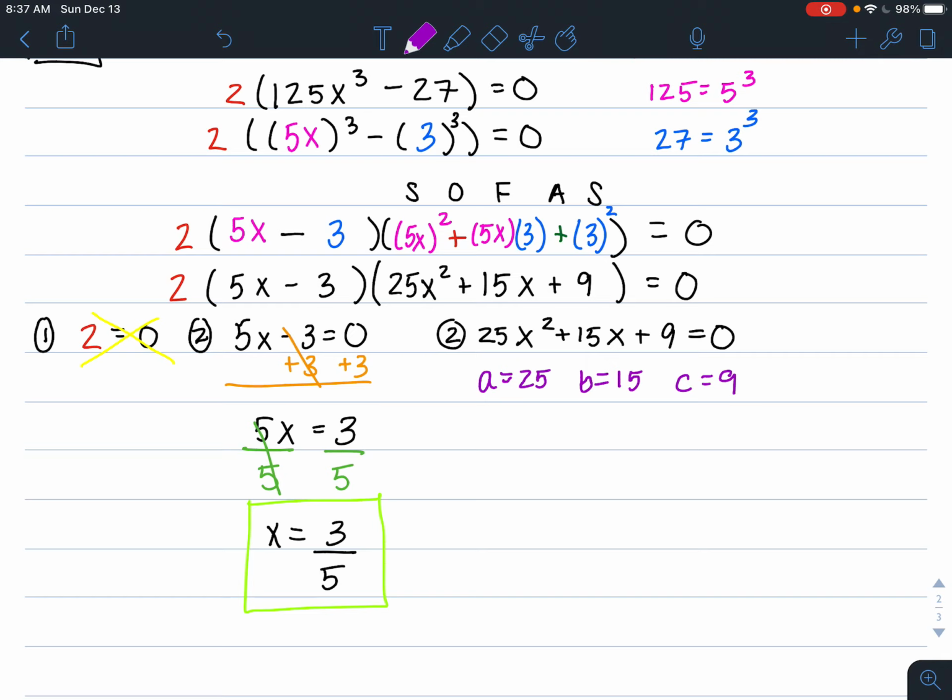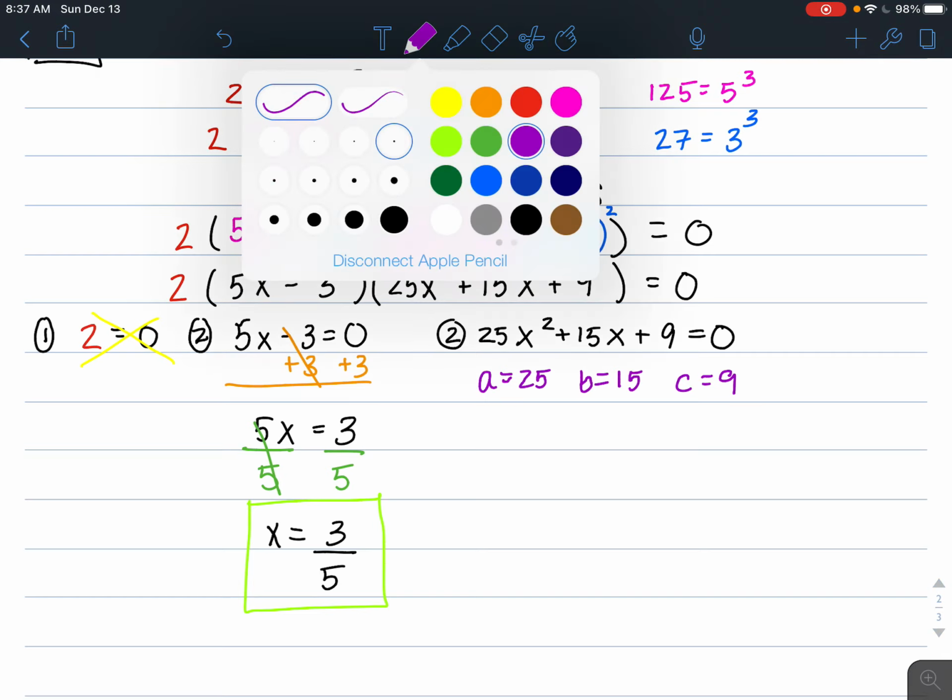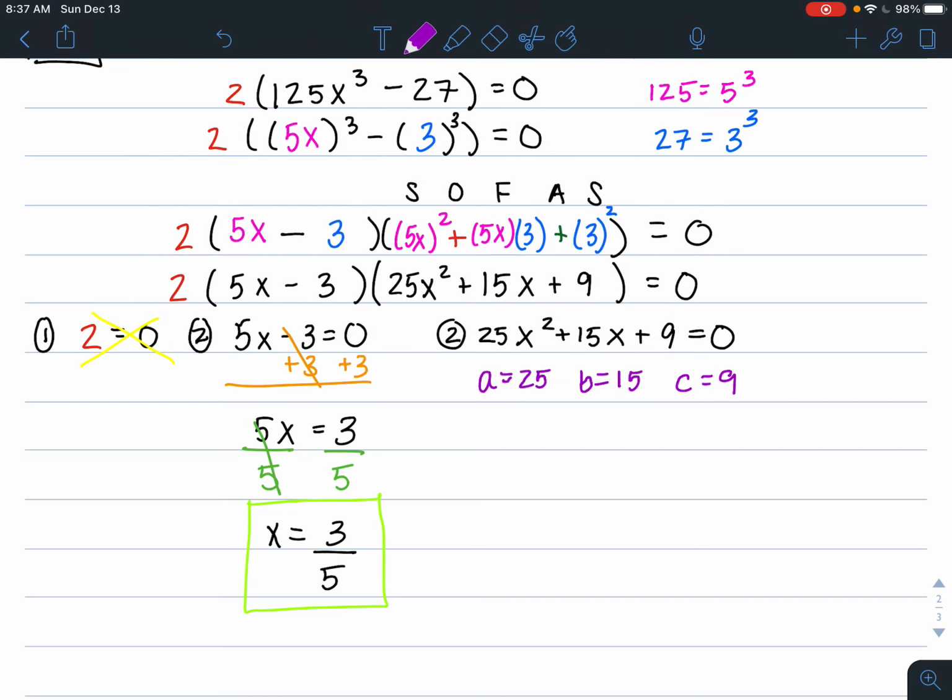I'm going to go ahead and find my discriminant value before we even set up the quadratic formula, just to make this a little easier. Right, so the discriminant, remember, is b squared minus 4ac, which is going to be 15 squared minus 4 times 25 times 9.